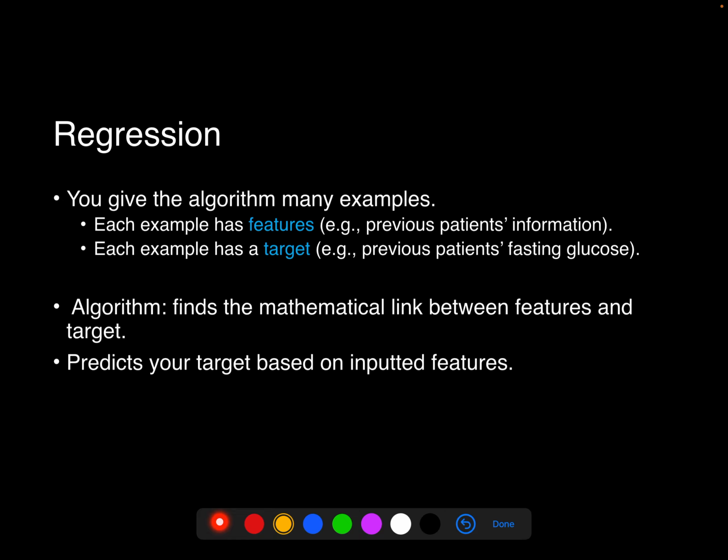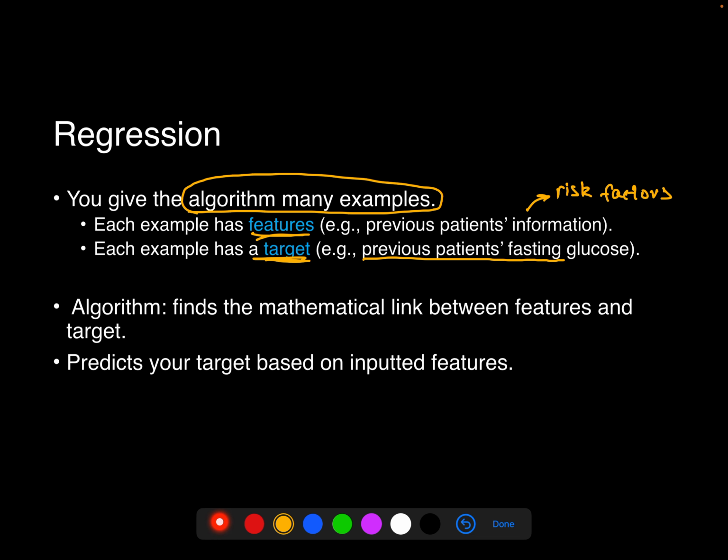We use something called regression. In regression, again, you give the algorithm many examples, and each example has features, which are the previous patient's information, so the risk factors that we just mentioned. And each example also has a target, and the target is the number, the output. So in our example, the previous patient's fasting glucose.